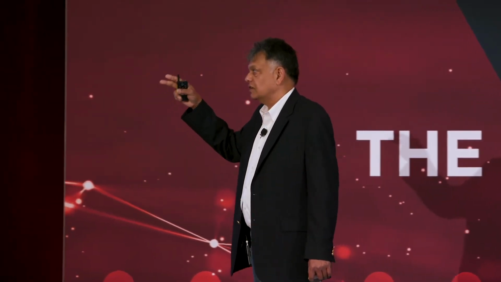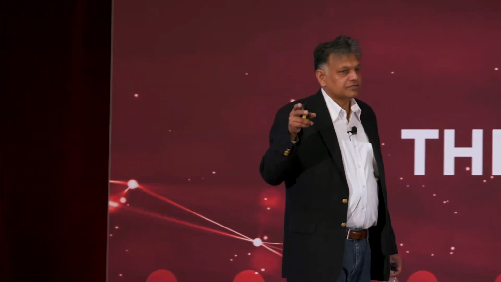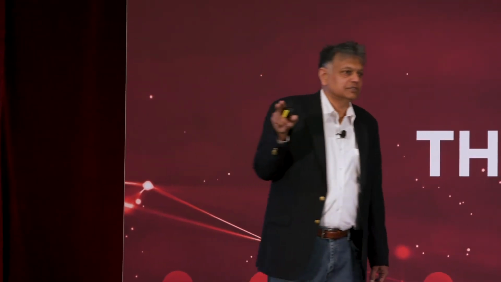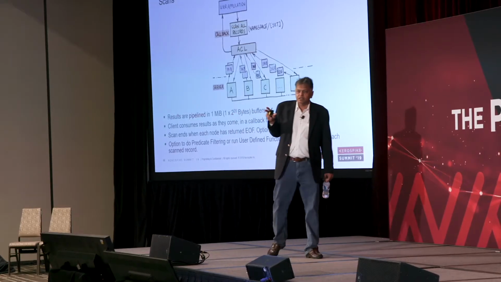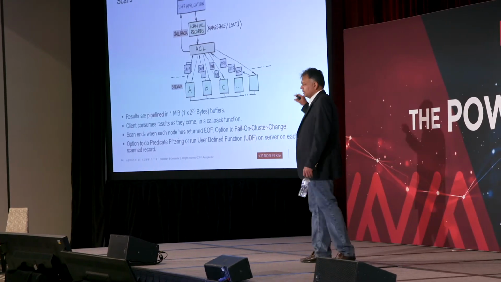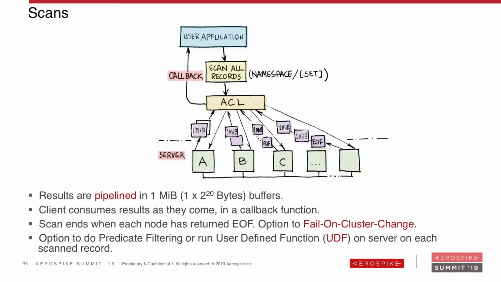And the other thing you have to worry about is if it's a long-running query, what happens if the cluster changes, if a node goes out or a node joins in and migrations occur. You have a flag to say fail on cluster change. So if the cluster changed while my query is running, please let me know. I'm going to rerun the query. That's an option you have if that matters.